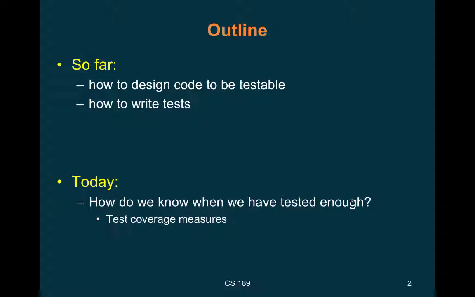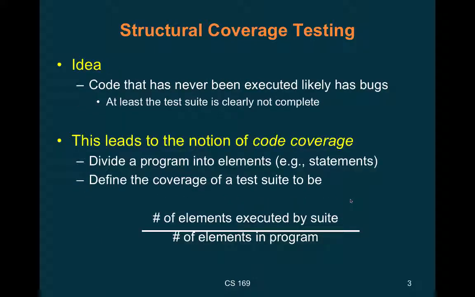So the first part of the lecture, I will look at some very precise metrics for how much the tests have tested of your code, and then we'll talk about how to actually use those in real life. So the idea for test coverage, specifically structural test coverage, is that you want your tests to actually exercise as much of your code as possible.